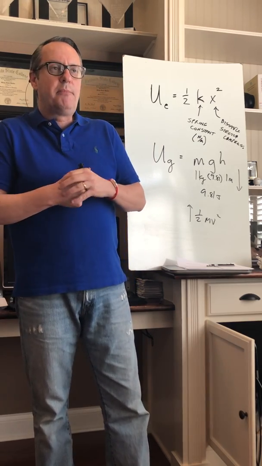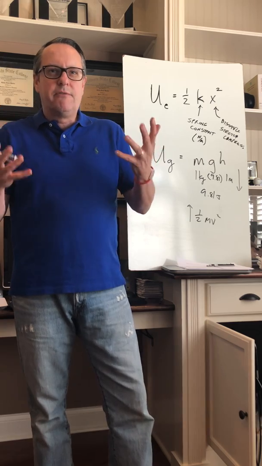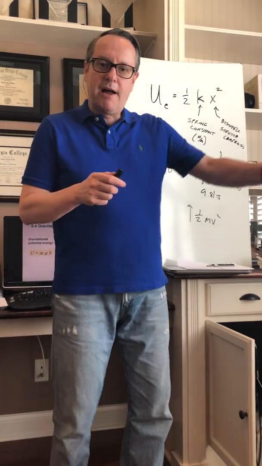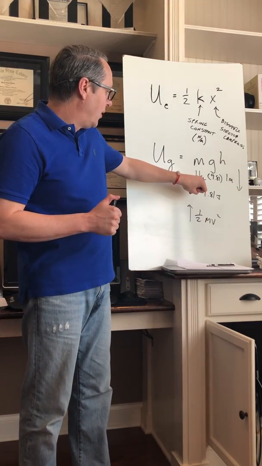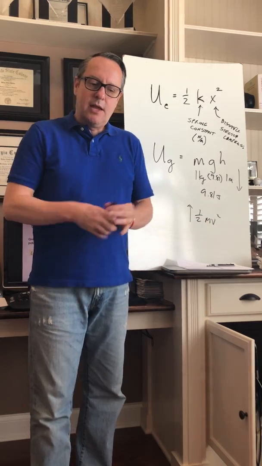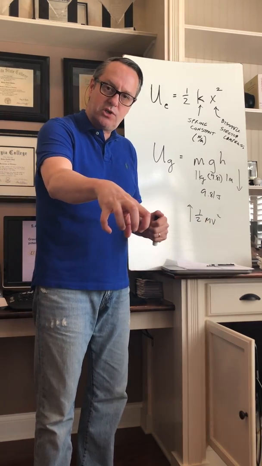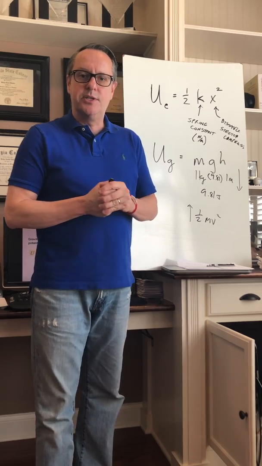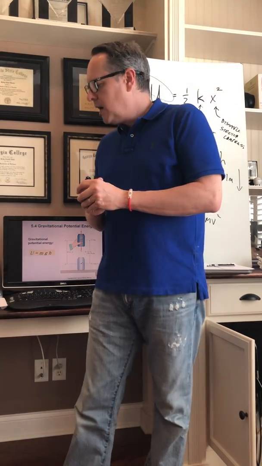A golf ball is about 45 grams, which would be 0.045 kilograms. So if you did 0.045 kilograms times 9.81 times 1 meter, that would tell you how much potential energy it starts with. And then you could find out how much kinetic energy it had when it hit the ground.